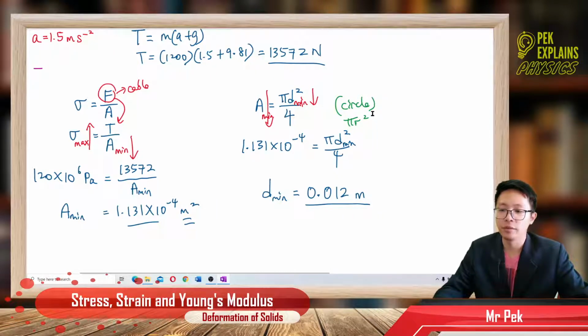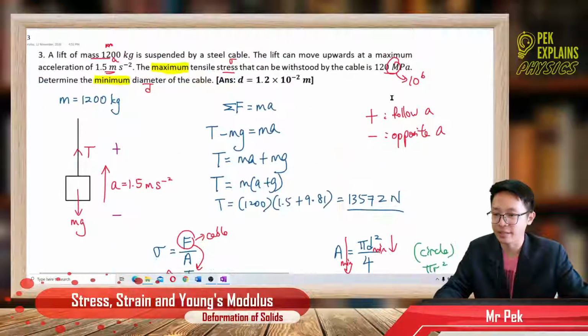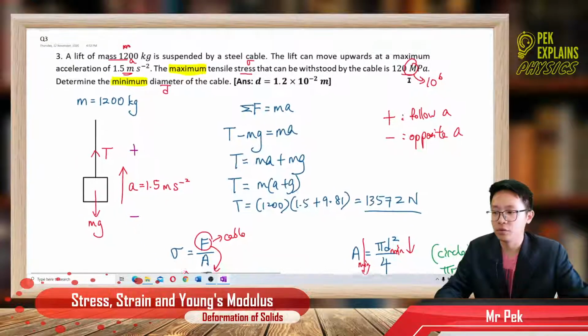And by default, the shape is always a circle, unless he mentioned specifically another shape like square, rectangle. Pi r square or pi d square over 4 if asked for diameter. Remember, always change to SI unit, like megapascal, change to pascal. That's all you have to take note.